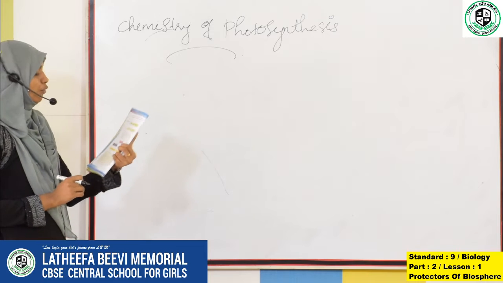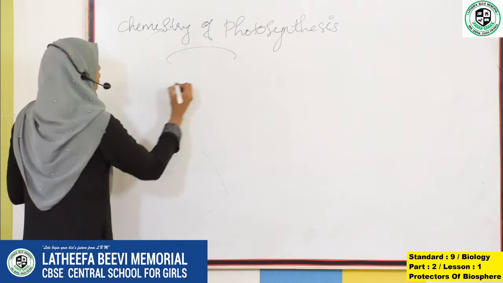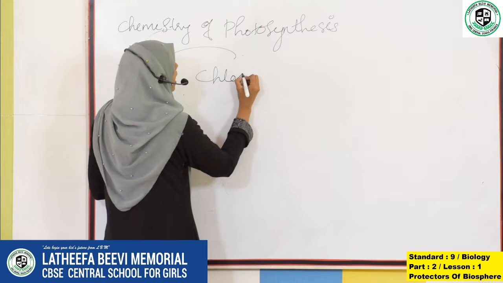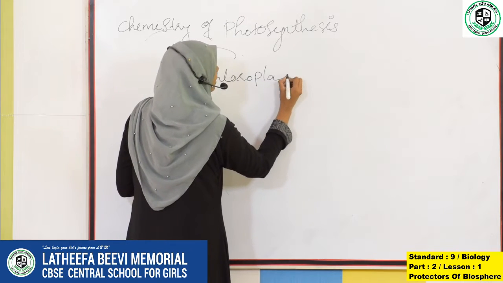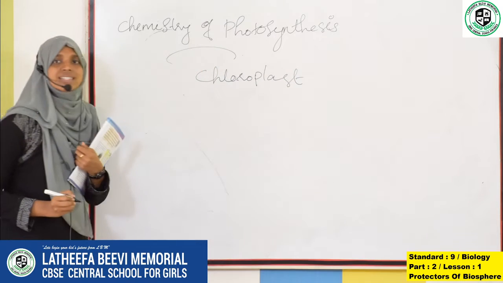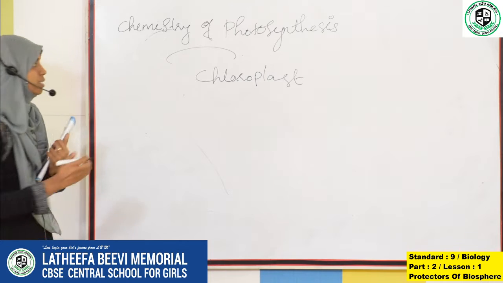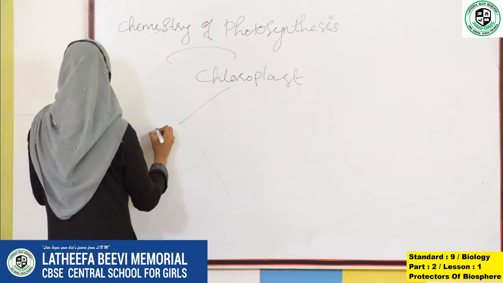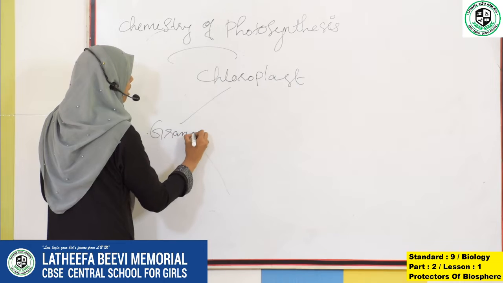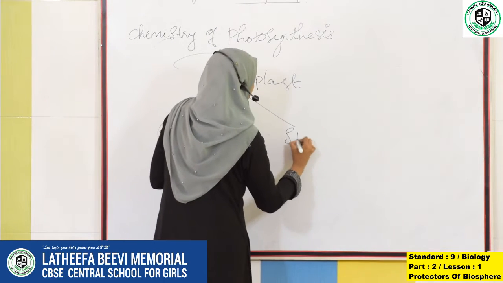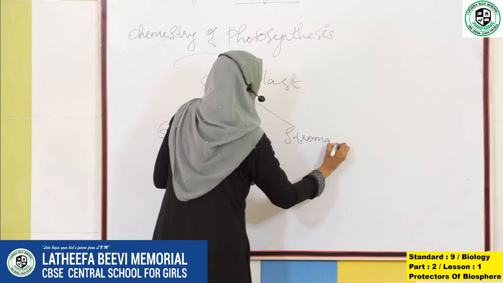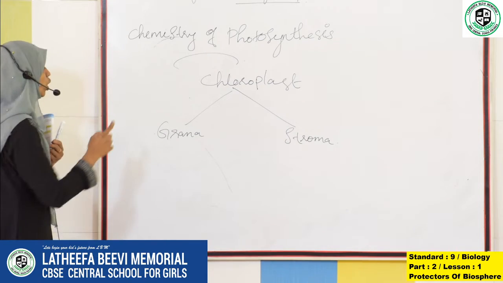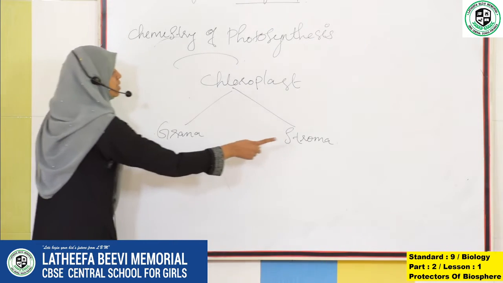We know that chloroplast has two parts. What are they? Grana and stroma.